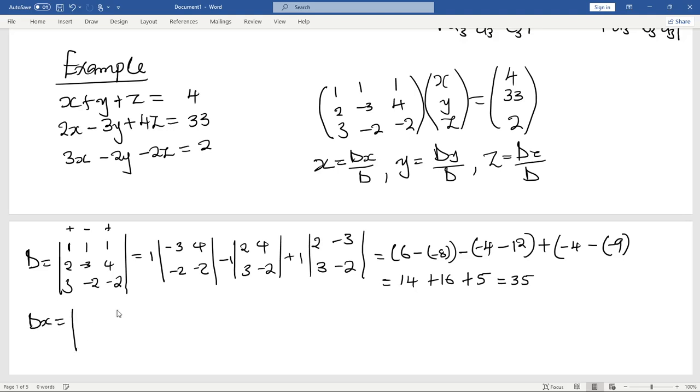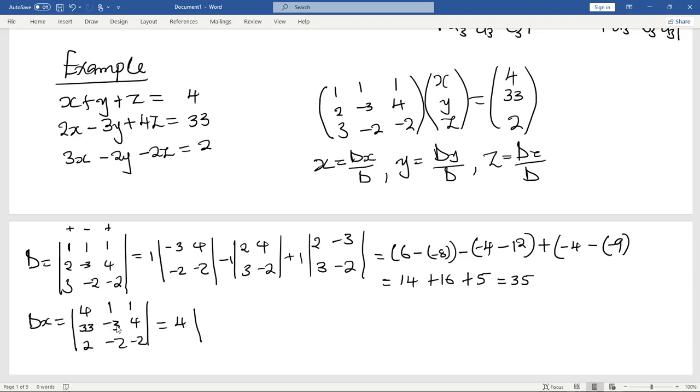So for Dx, we said we replace the coefficients of x here with the constants that we have this side here. So meaning that here we're going to have 4, 33, 2, then we have 1, negative 3, 1, 4, negative 2, negative 2 like this here. Then here we have 4 outside the brackets.